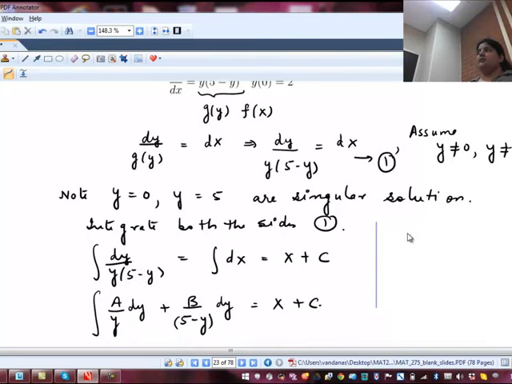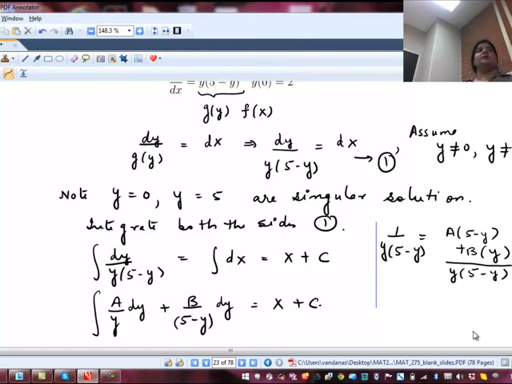So what are a and b here? Basically what we are trying to do here is 1 over y times 5 minus y should be equal to a common denominator, so it will be a times 5 minus y plus b times y, and the whole thing divided by y times 5 minus y.